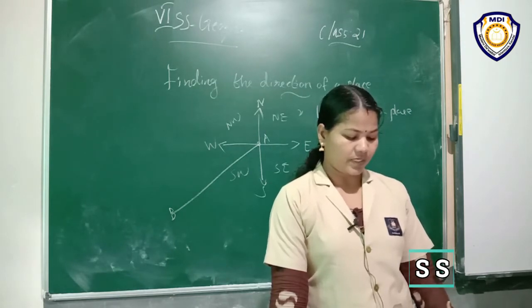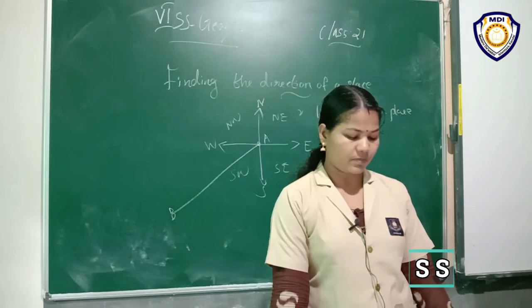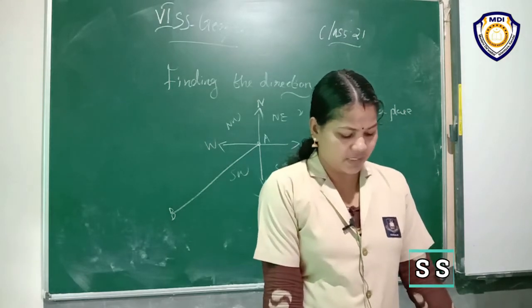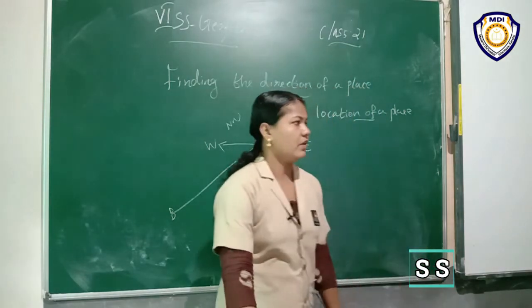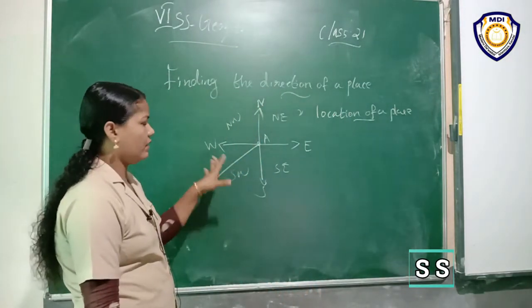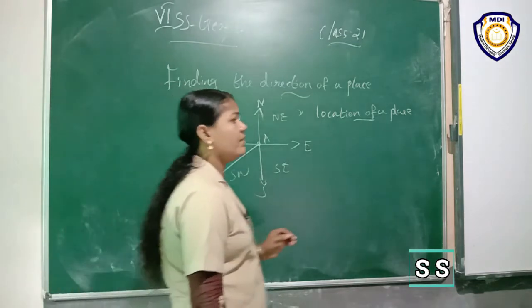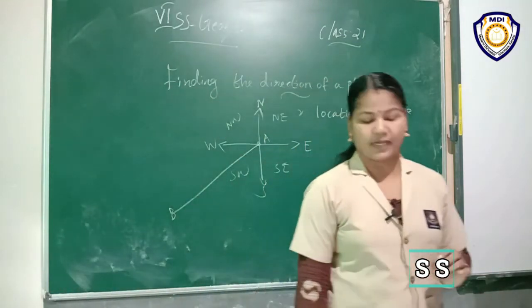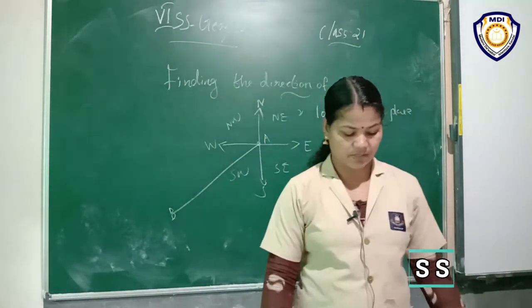Thus, to locate a place P with respect to place Q, we need to know both the direction of P with respect to Q and its distance from Q. Finding the location of the places here, southwest we can correctly identify. Same as, when we get correct information, we can correctly find the places also.